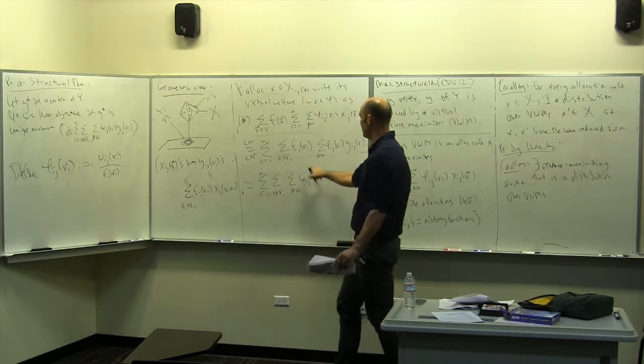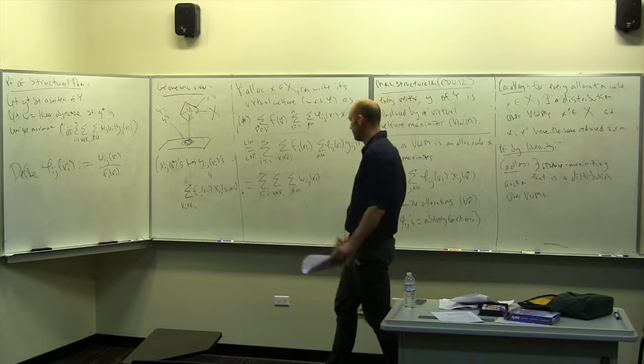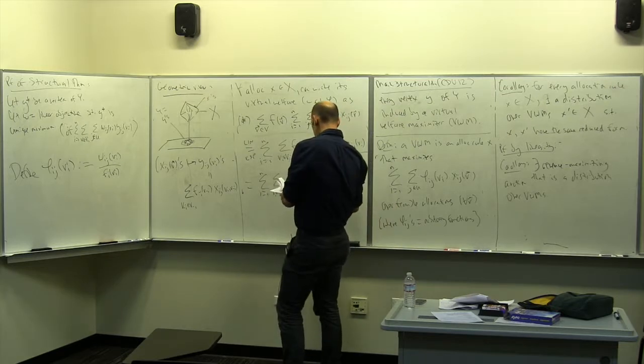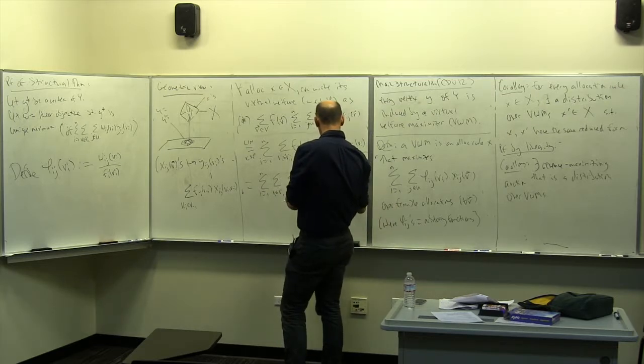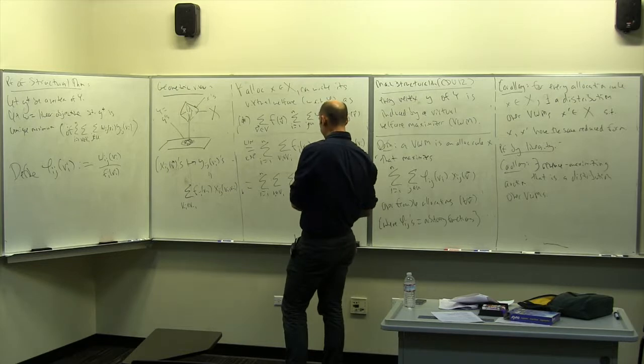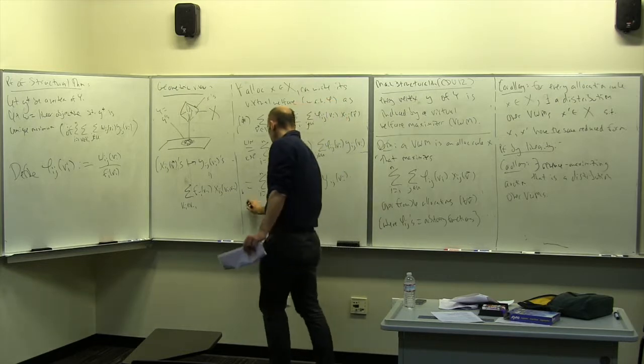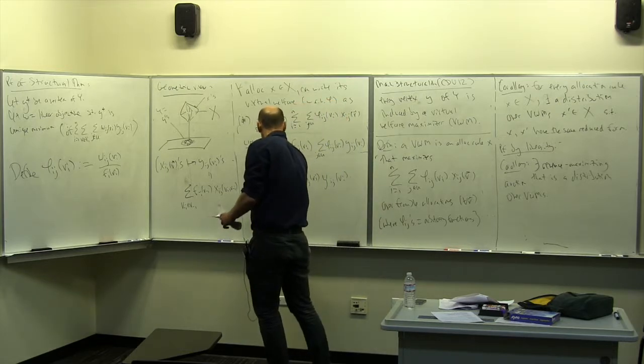Again, this is just by definition: F times phi is equal to w. All right, so call this, where we ended up, star star.